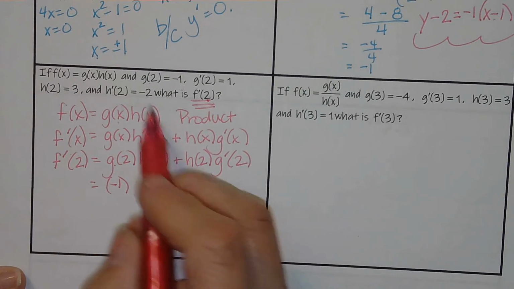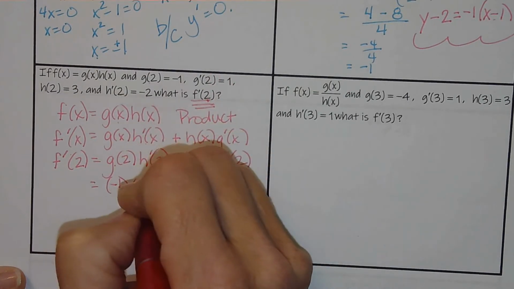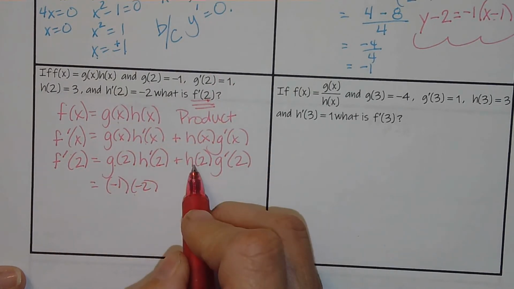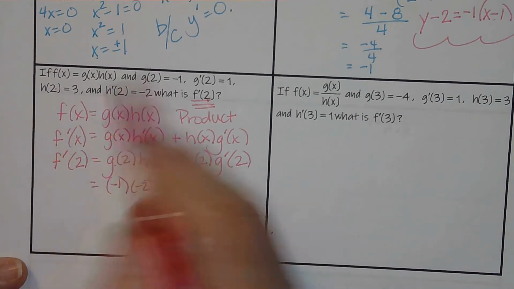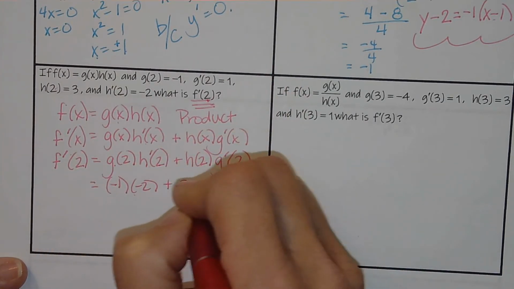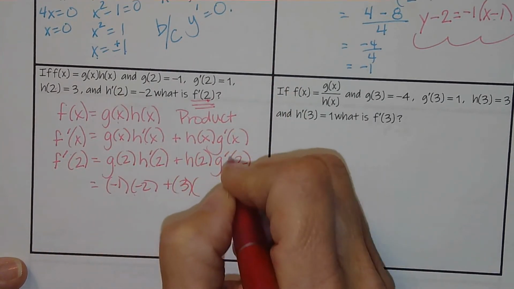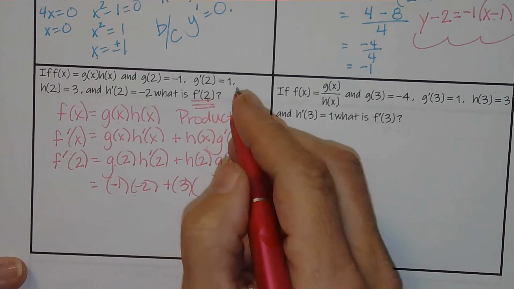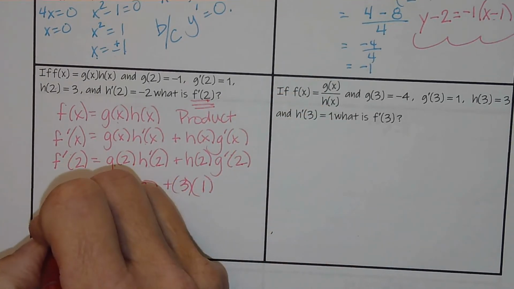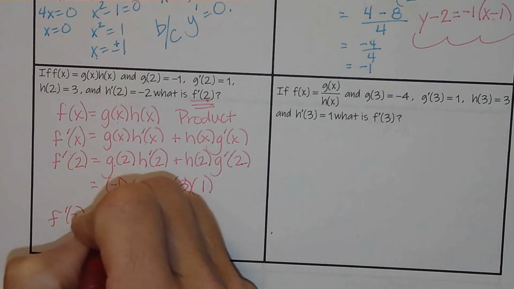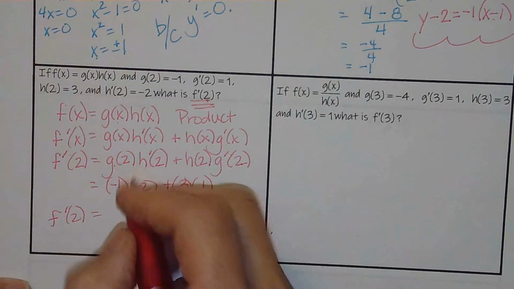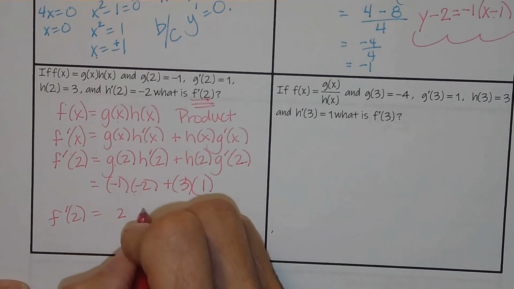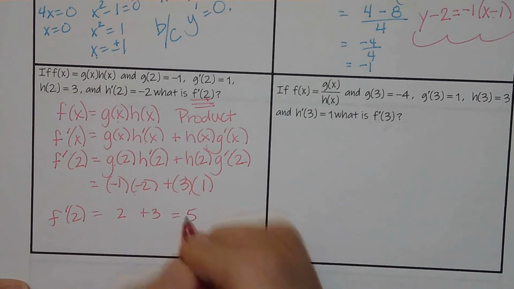H prime of 2 is -2. Plus h of 2 is 3. Times g prime of 2 is 1. So what is f prime of 2? We have -2, no we don't, we have +2 plus 3, which equals 5.